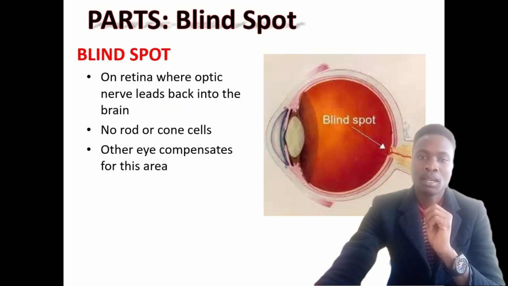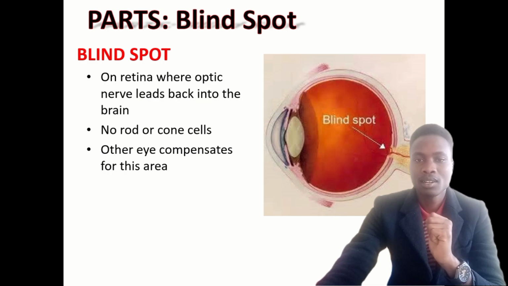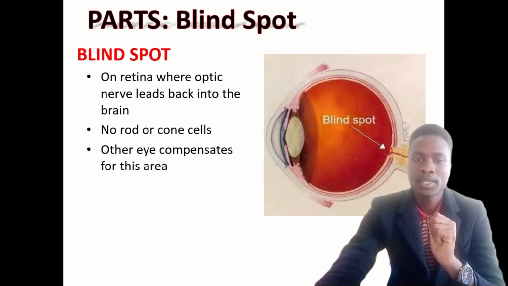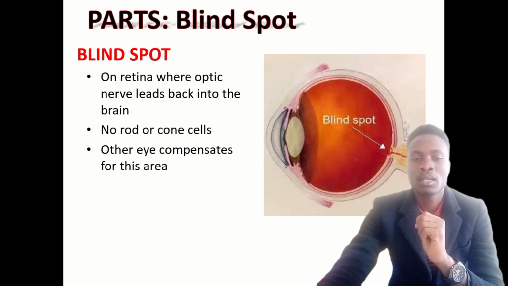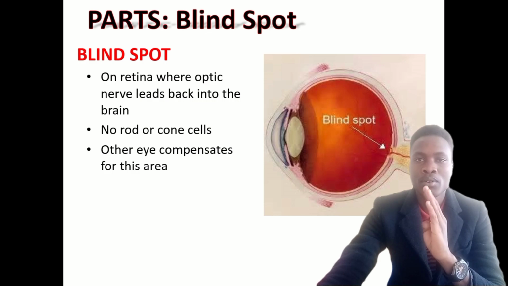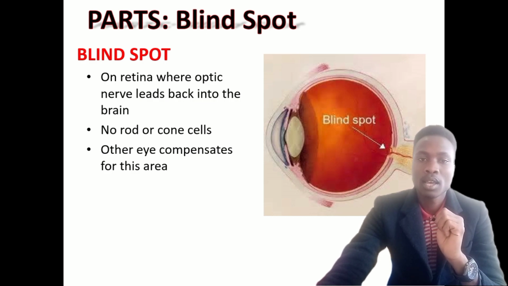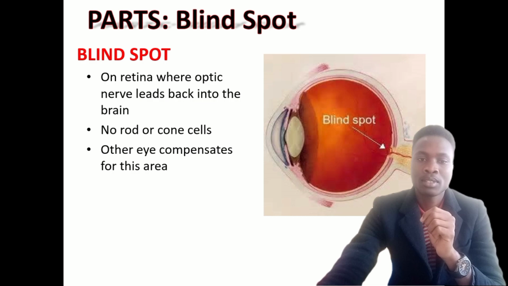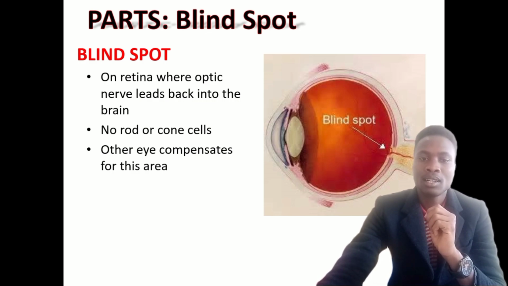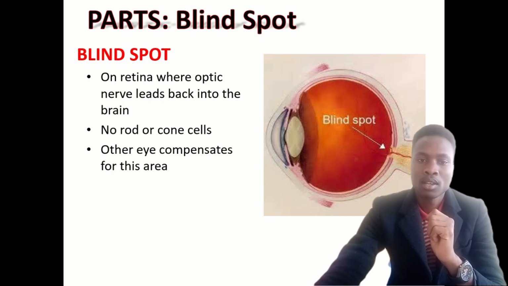Now let's look at the blind spot. That is a part of an eye. Blind spot is found on retina, where optic nerve leads back into the brain. It has no rods and no cones, unlike the other areas that have rods and cones.